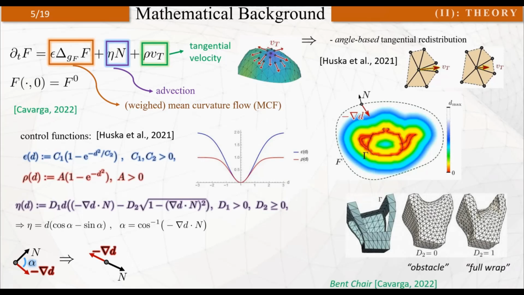This has the effect that the surface evolves inward into concave regions and attempts to fully wrap the arbitrary target set. This equation is then discretized using a cotangent Laplacian finite volume scheme into a sparse linear system, which is then solved by a BiCGStab solver for each time step.